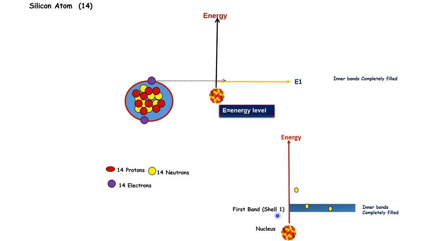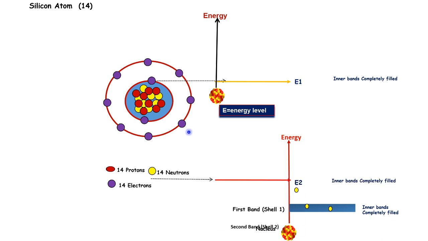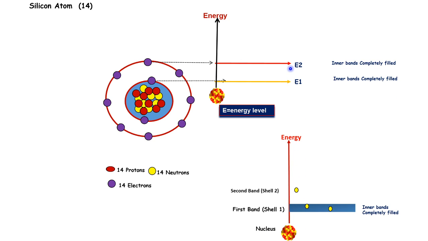The inner band is completely filled and gives us level E1, because 2 electrons are needed and 2 are present. In the second orbit, there are 8 electrons, so the E2 level is there, and this inner band is also completely filled.